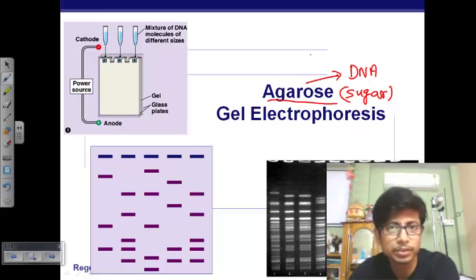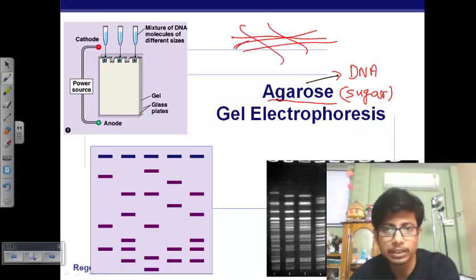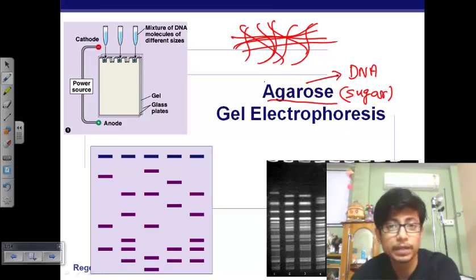Multiple sugar units are added to one another to give what we call a porous network. It has small pores in different regions, and the DNA is skipping through these pores and is transferred to different locations based on applying some charge.